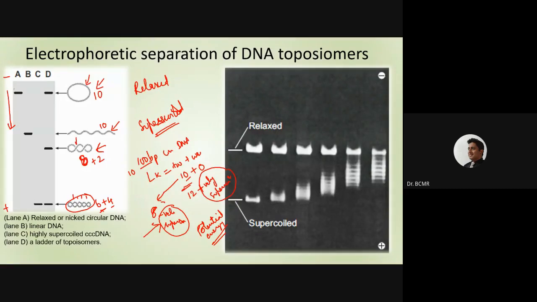So you should have loaded somewhere in here. And we have to remember, the more supercoiled, the faster they would travel. Less supercoiled, they would travel less, and linear travels next fastest, and the relaxed DNA is usually the slowest.